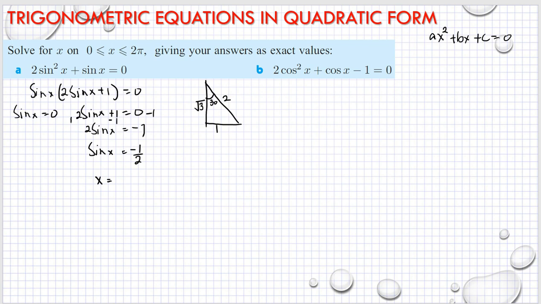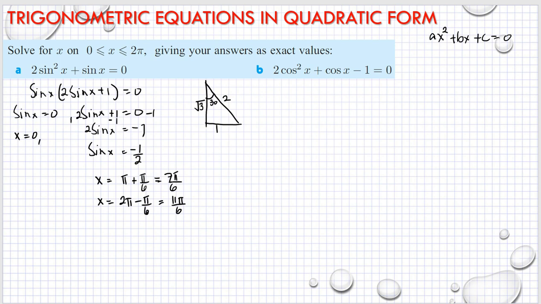In the 3rd quadrant, we have pi plus pi over 6, which is 7 pi over 6. And we have another x in the 4th quadrant: 2 pi minus pi over 6, which is 11 pi over 6.